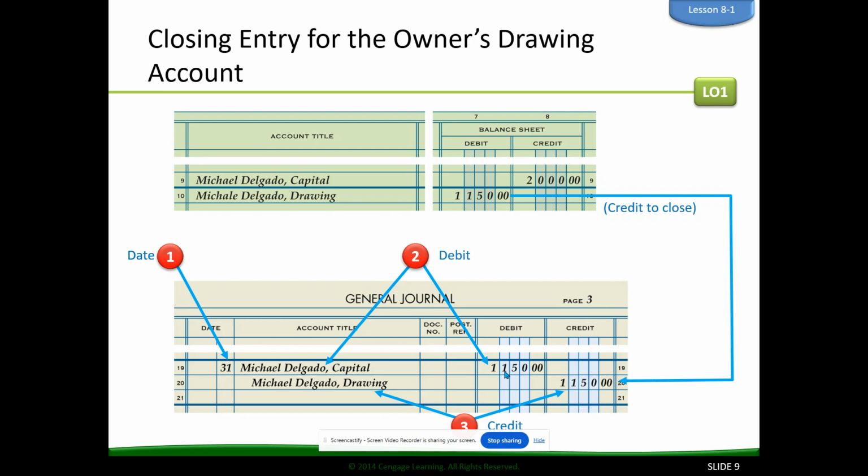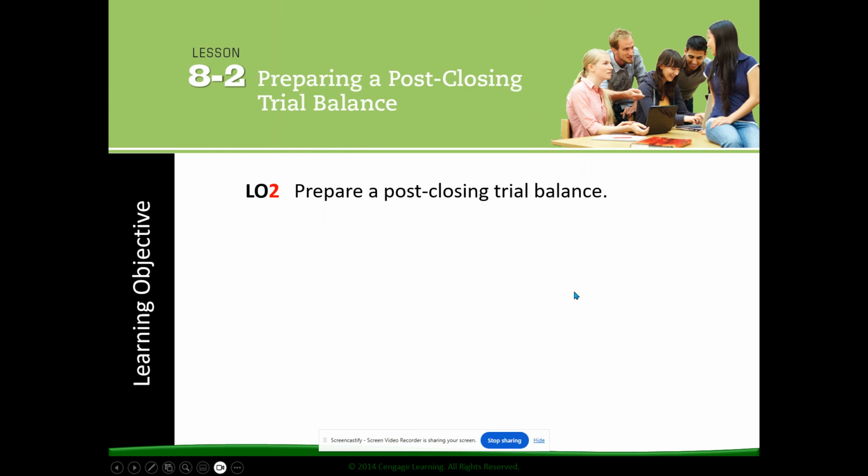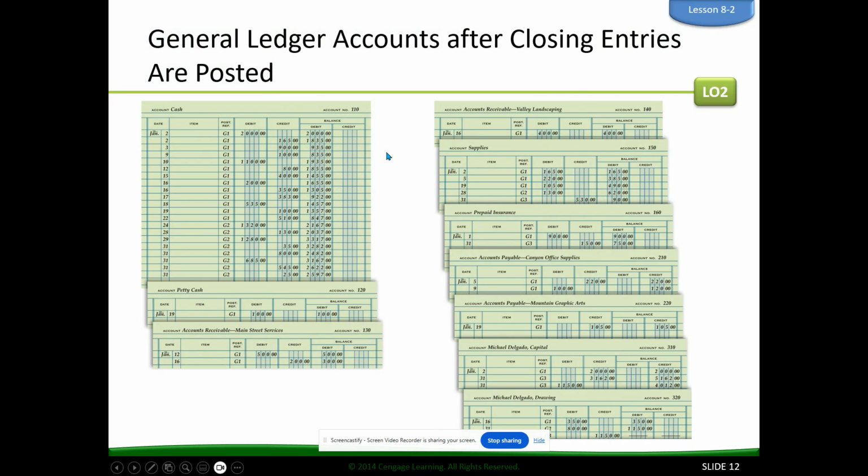Now, all of my temporary accounts have been closed. All that's left, and I'm going to show you the example, are our assets and liabilities. All that's still open are those accounts that still have a balance. So if you look at the general ledger, notice cash still has a balance, petty cash.